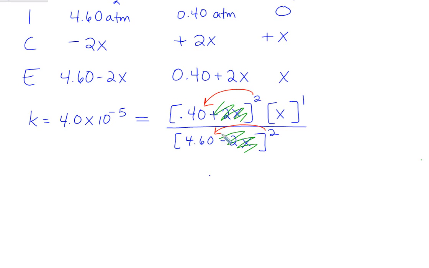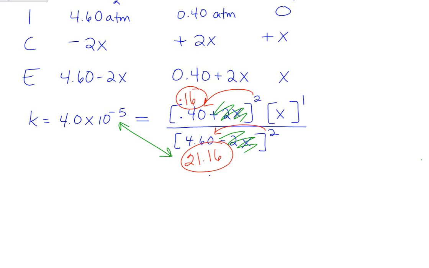So I'm going to get something like, on the top, 0.4 times 0.4, this will be 0.16. And then on the bottom, 4.6 times 4.6, 21.16. Okay, so now let's see if we can simplify this expression. We'll cross multiply.